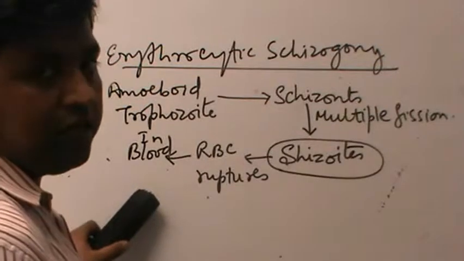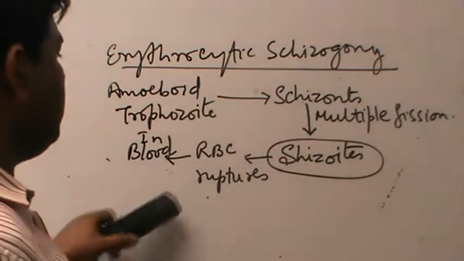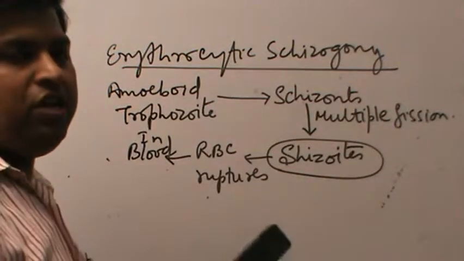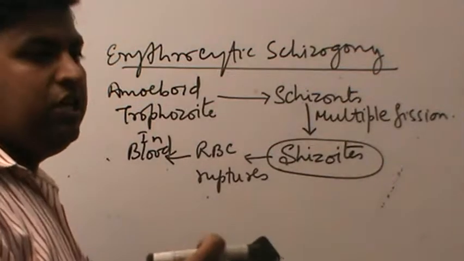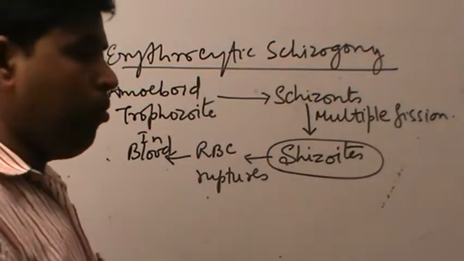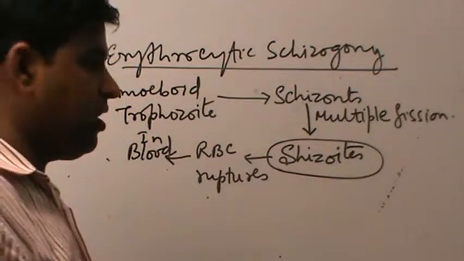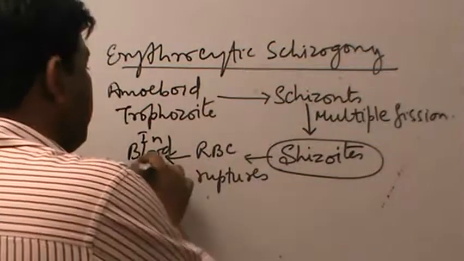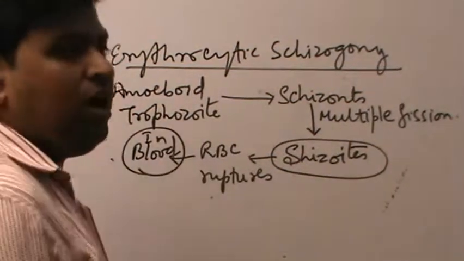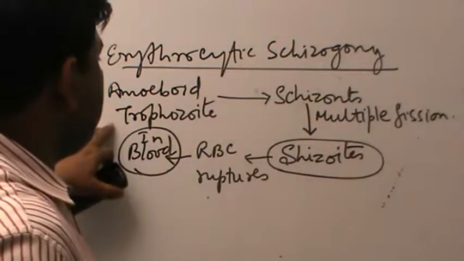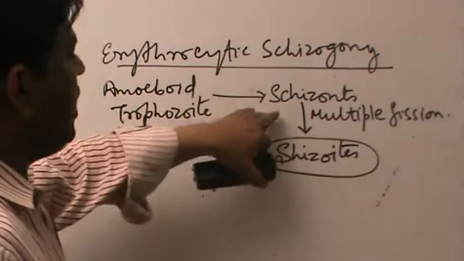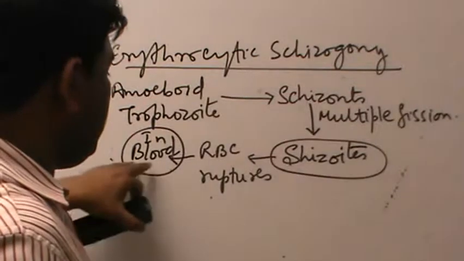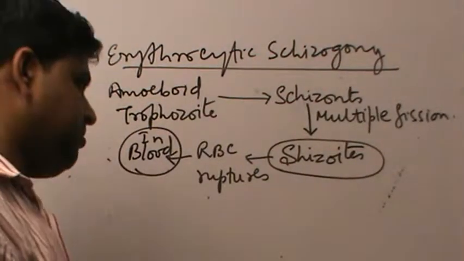This is released inside the blood, and this is the stage when there is severe shivering as well as a persistent increase in the temperature of the body. That is called fever, along with chill or shivering, which takes place when schizonts are released in the blood. So this amoeboid trophozoite will be converted into schizonts, then they will rupture the RBC and be released into the blood.